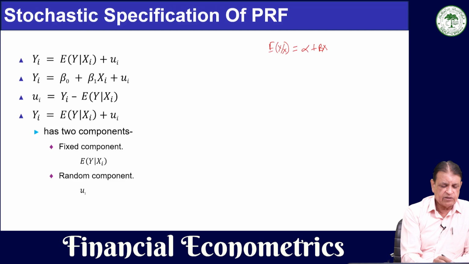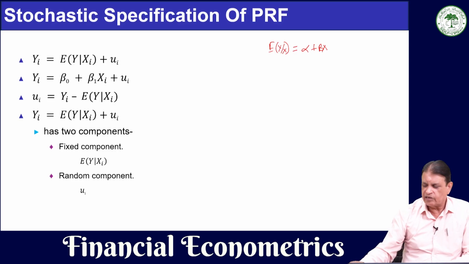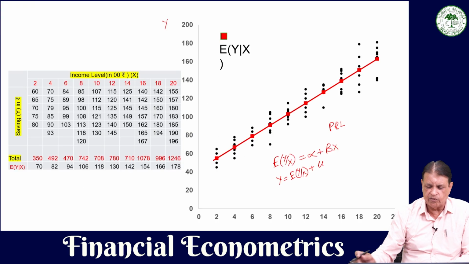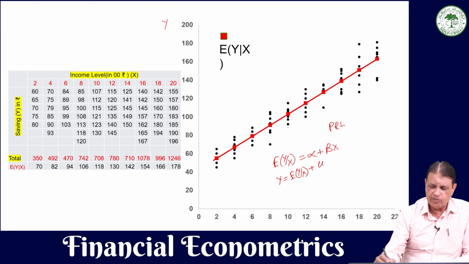So this has two components. This is the component which is deterministic, which is explained, and this is the component which is the random component. We call this unexplained. So this part is explained because our line explains this. For example, if we take you back, this line explains that, this value of x and this value of y.